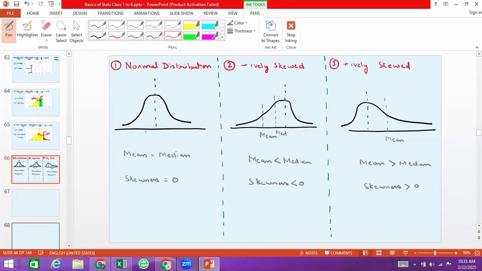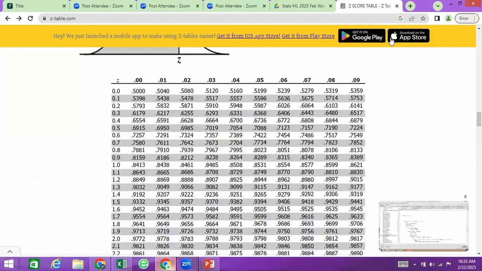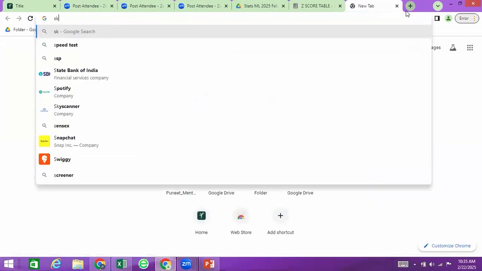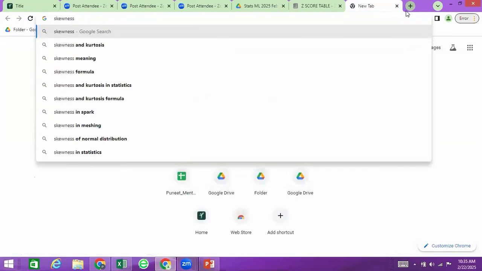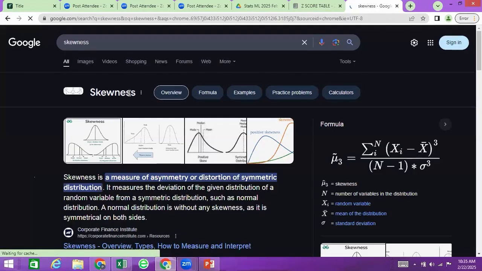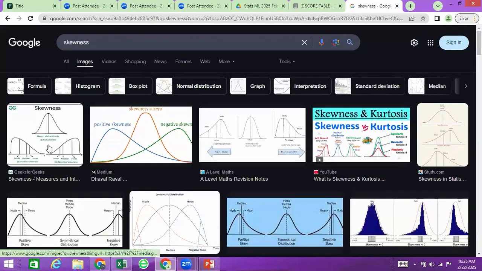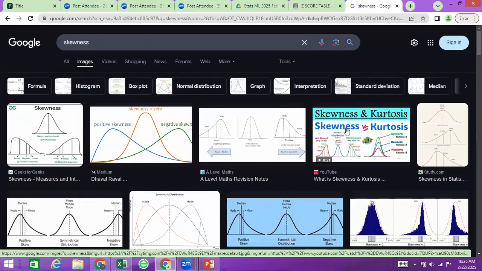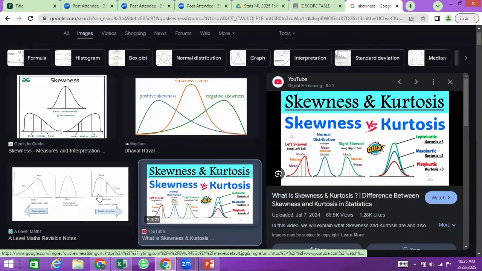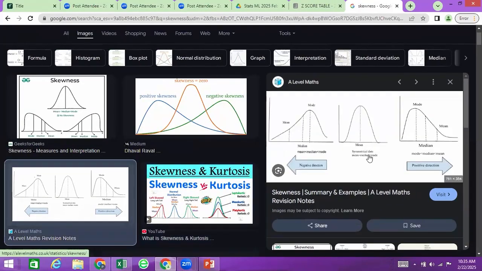Okay, so let me show you as well. If possible, let's try to see a better image of skewness. Yes, more or less like this.